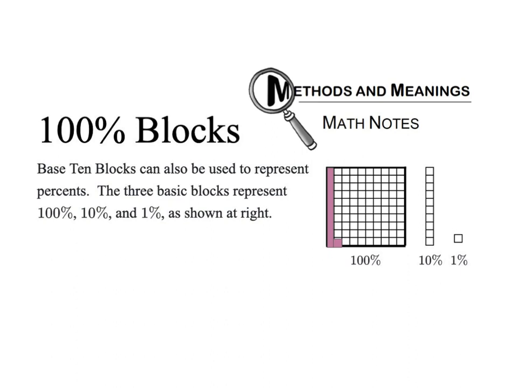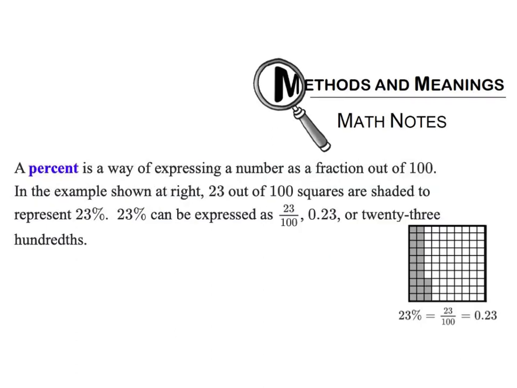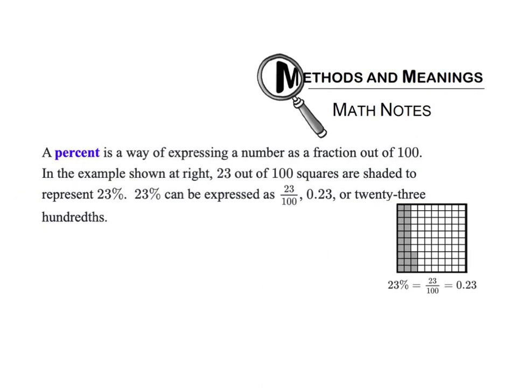Okay, so math notes, they're just telling us about how we can use our base 10 blocks for percents. So the 3 basic blocks represent 100%, a 10%, and a 1%. A percent is a way of expressing a number as a fraction out of 100.